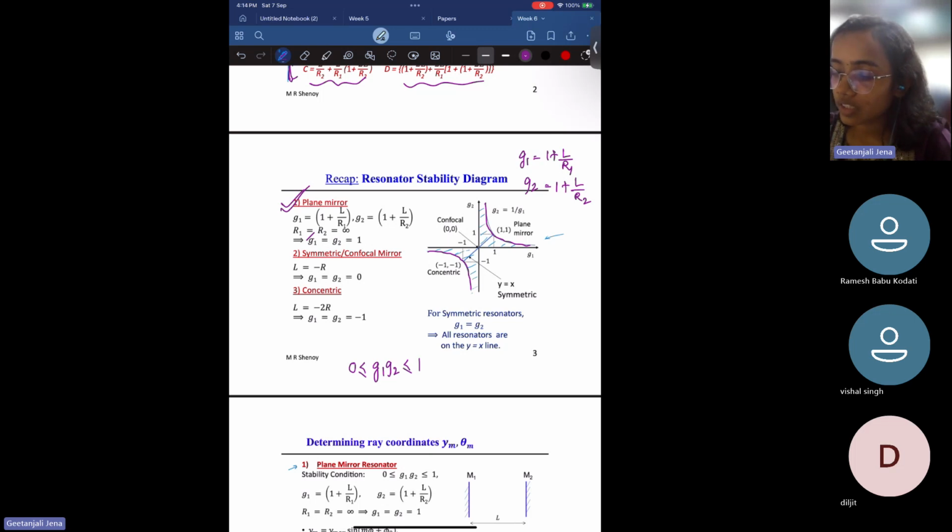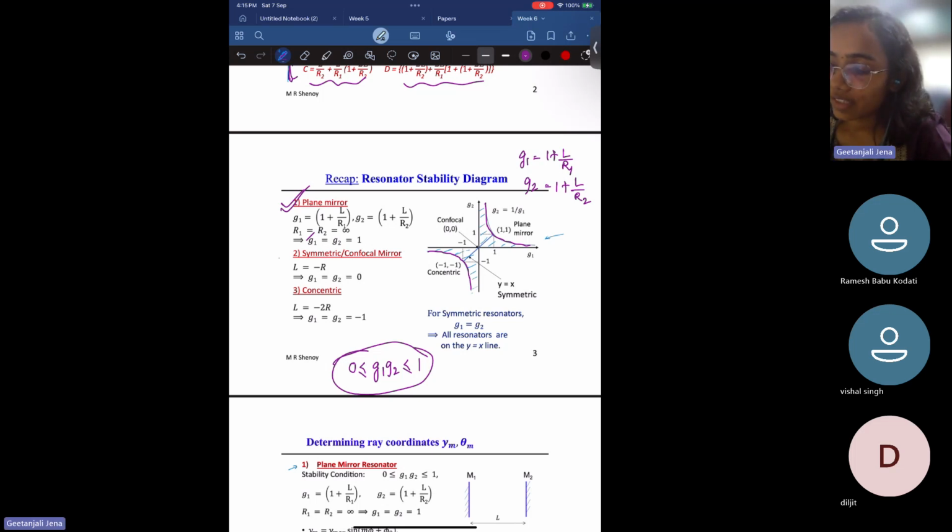So if you see the plane mirror, both G1 and G2 are 1. That means it satisfies this stability condition. So that means we can take two plane mirrors to get a mirror resonator for a laser.